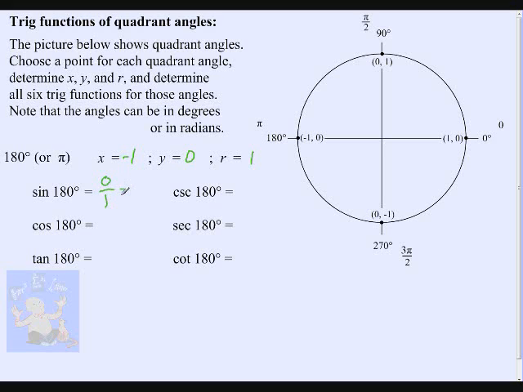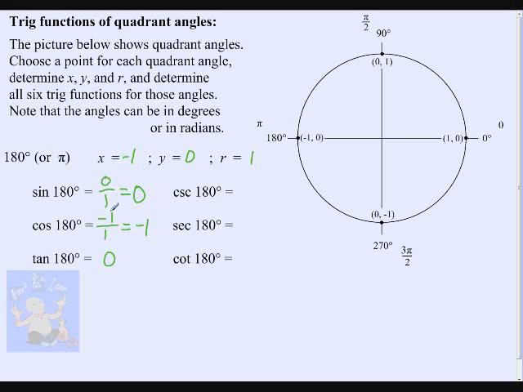divided by 1. That's 0. Cosine is negative 1 divided by 1. So that's going to be negative 1. Tangent is going to be 0 divided by negative 1, so it's negative 0. No, we don't say negative 0, just say plain old 0.